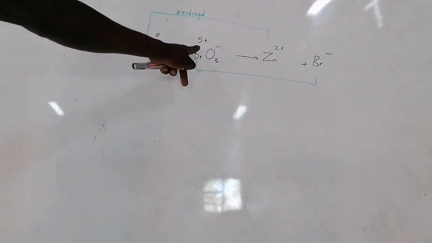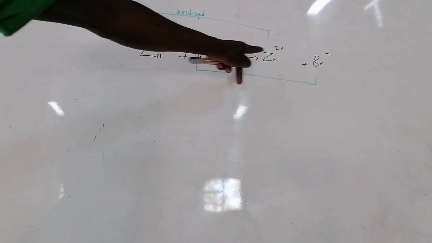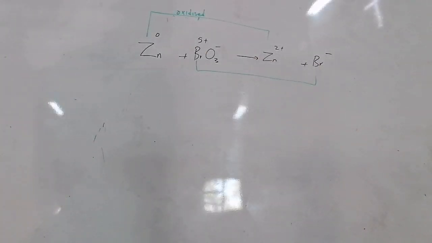Then from 5 to negative 1, did our oxidation number increase or decrease? It decreased, right? Because 5 minus 6 gives negative 1. We will explain how many electrons are gained or lost when we do the half reactions.